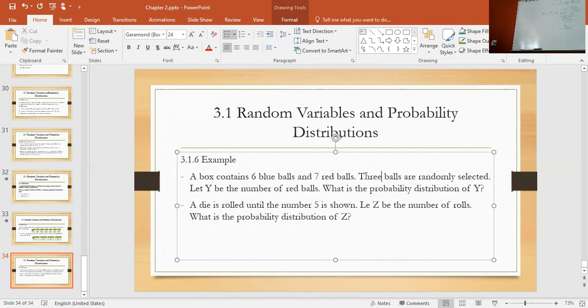A die is rolled until the number 5 is shown. Let Z be the number of rolls. What is the probability distribution of Z?